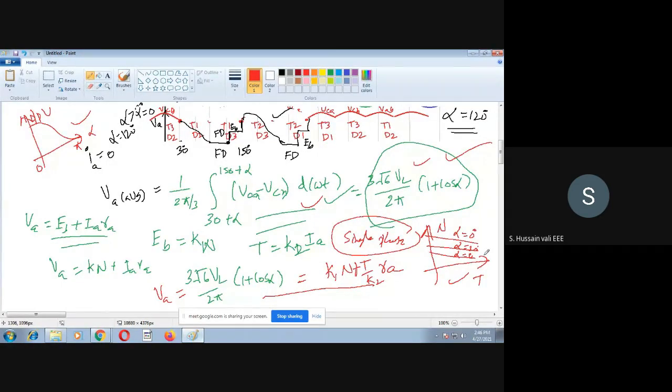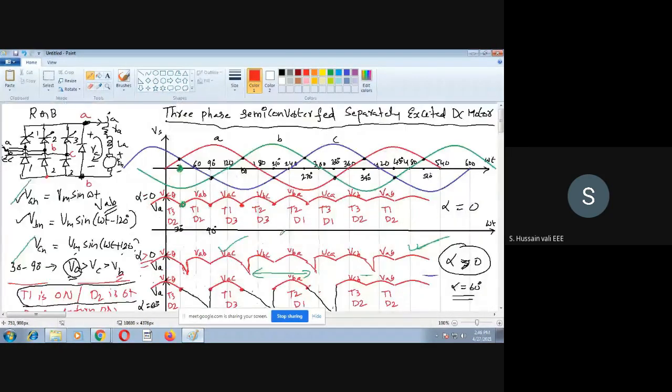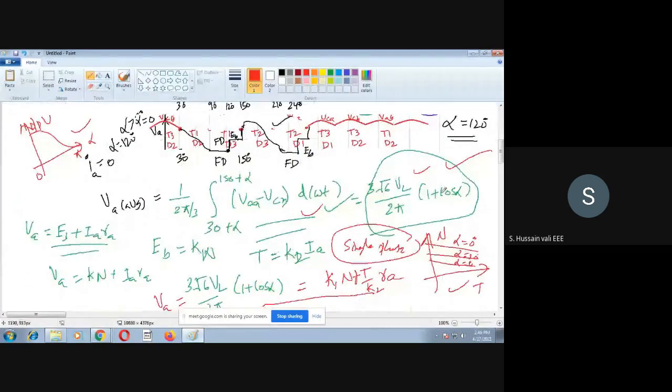So then we will see now whether this is correct or not. So VAC is nothing but the line voltage. I want you to check this yourself, whether it is correct or not.